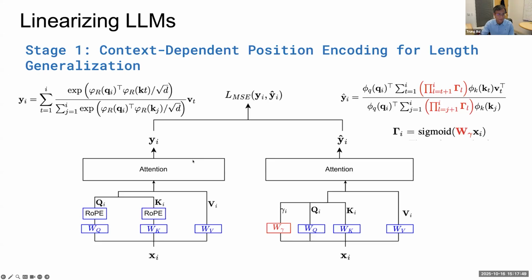If you see on the left here, the full attention acts as a teacher, and on the right, Lizard acts as the student. During training, we try to minimize the squared error between the full attention output and the student's results.